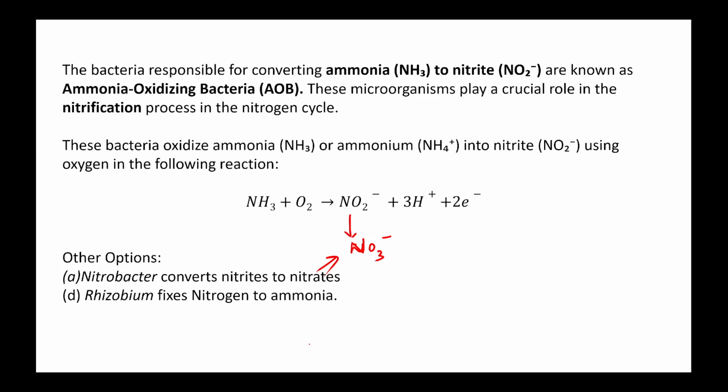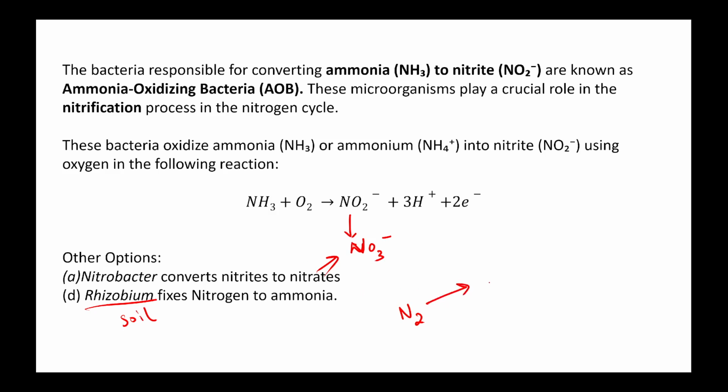And there was another option called Rhizobium. Rhizobium fixes nitrogen to ammonia. So this is the opposite process. It will do nitrogen fixation. Rhizobium is generally present in soil, and whatever atmospheric nitrogen is present in the soil, it will fix. Basically, it will incorporate the nitrogen into other nitrogen containing compounds.